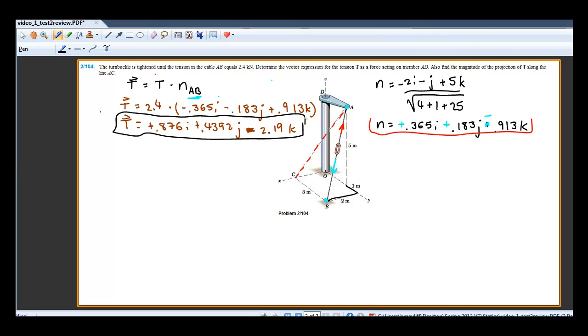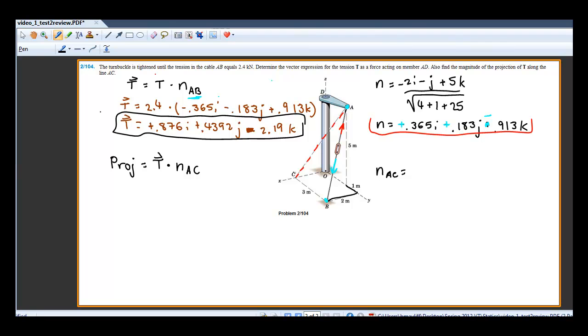So that's the tension. How do we get the projection from AB to AC? We take the projection, which is equal to the vector tension dot product with the unit vector from A to C, nAC.